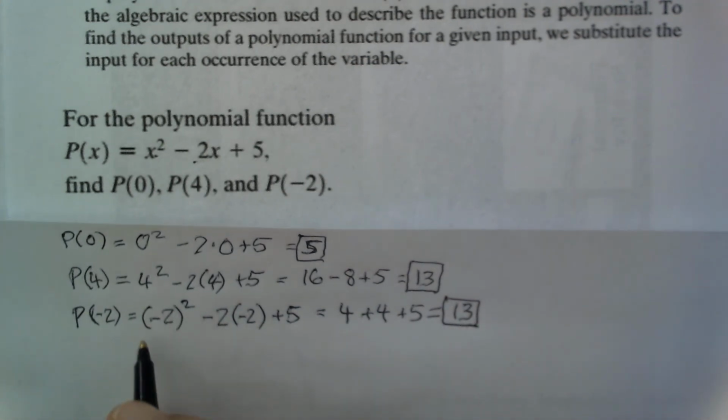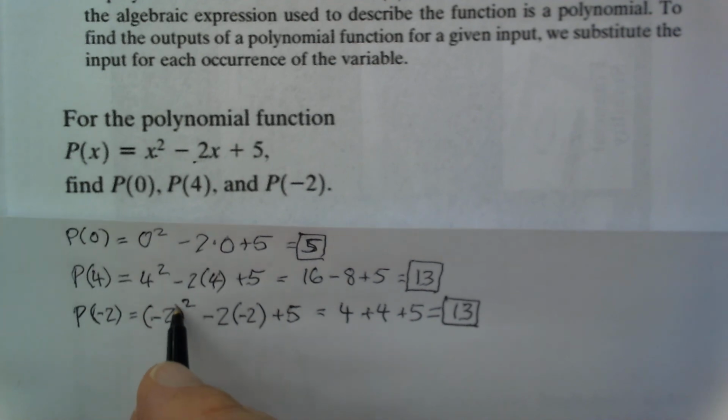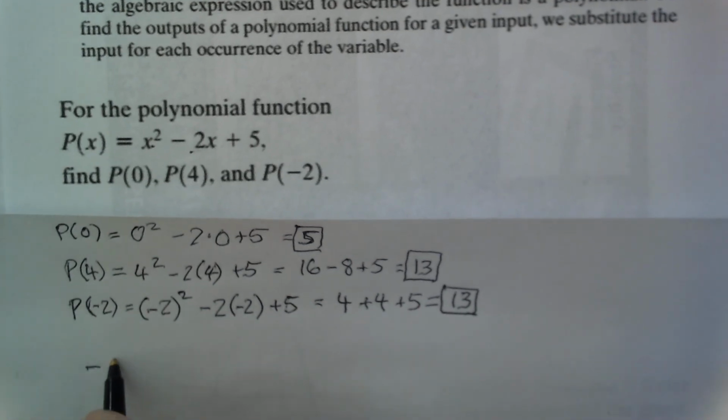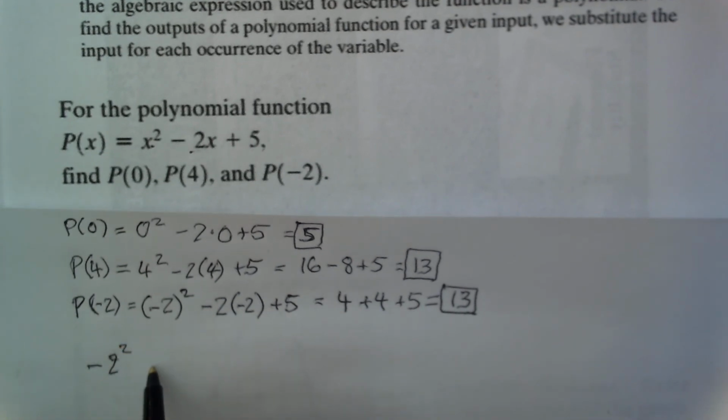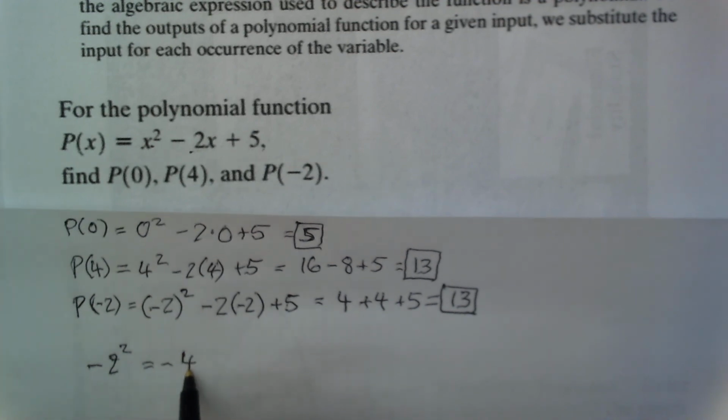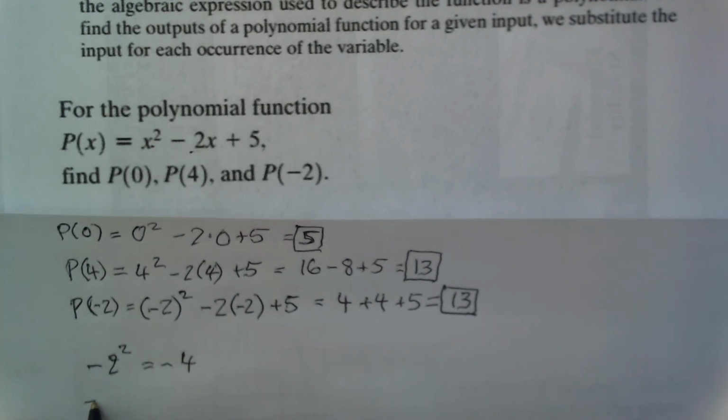Again, you have to be very careful that you use parentheses here, because, just as an explanation in general, minus 2 to the 2nd power without parentheses is minus 4, but minus 2 in parentheses to the 2nd power is equal to positive 4.